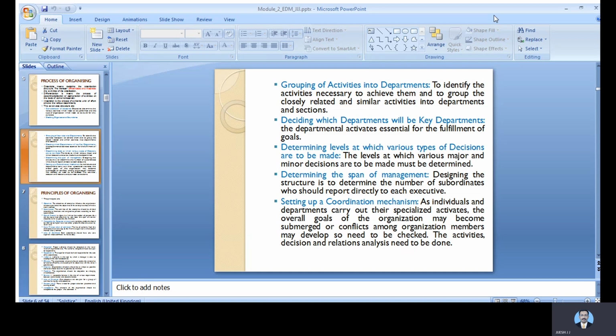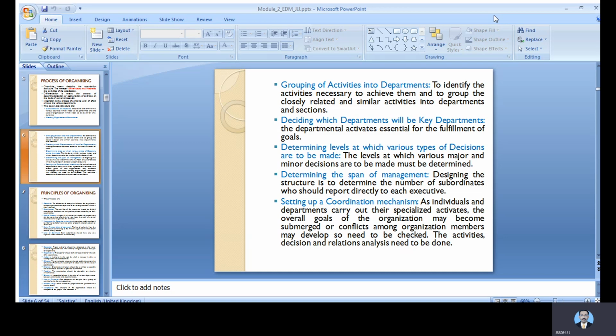In an organization, some people work on finance and some people work on sales. So you have different classifications of departments and departmental activities essential for the fulfillment of certain goals and standards.